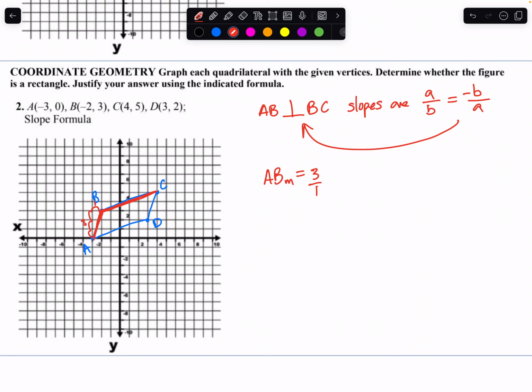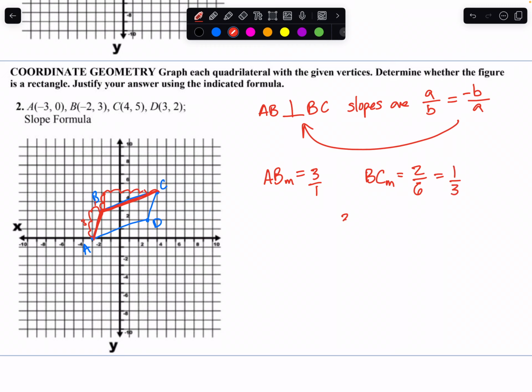I can look at the other slope, BC. The slope would be up 1, 2, over 1, 2, 3, 4, 5, 6, up 2 over 6, which simplifies down to 1/3.